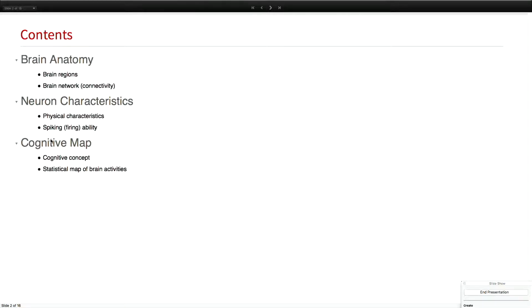And thanks to recent research with fMRI, we can detect localized brain activity when we process a specific cognitive function, and that allows us to create a statistical cognitive map of brain activities. So we are looking at some examples for each of these.